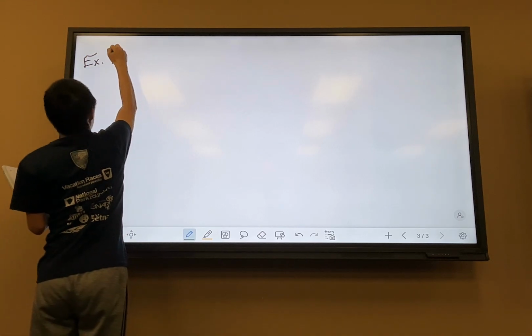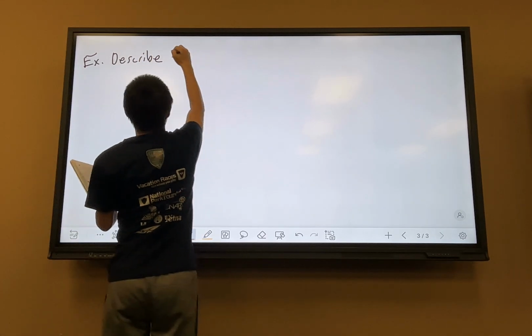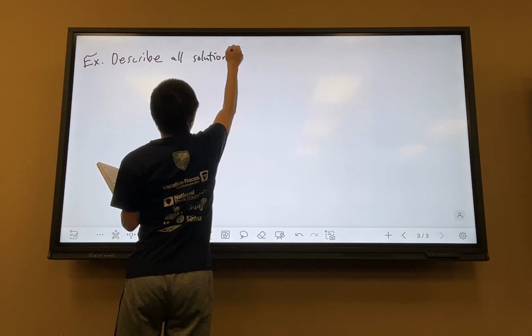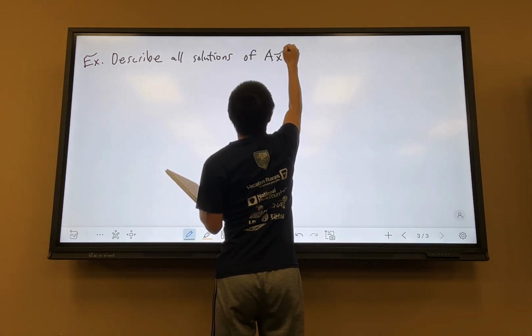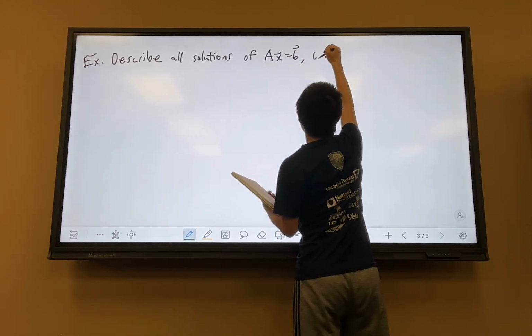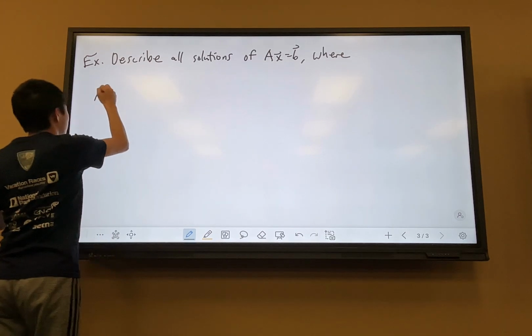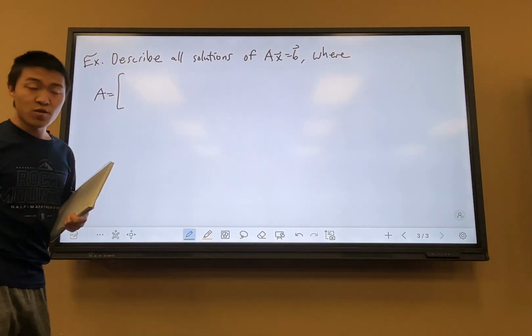So if we want to describe all solutions of a non-homogeneous equation because it's Ax equals b and not 0, let's define our matrix A. I'm going to use the same one.